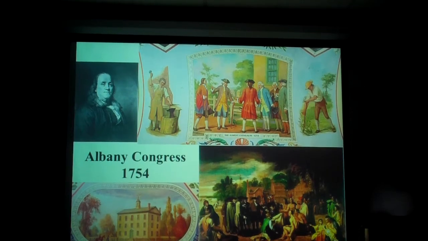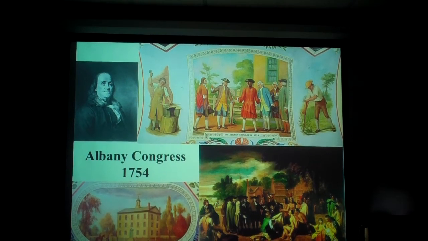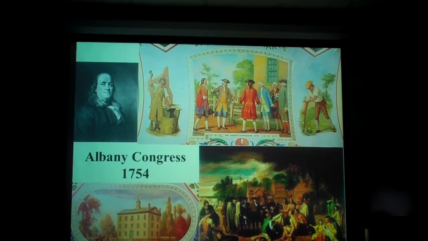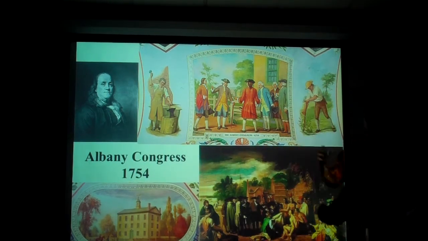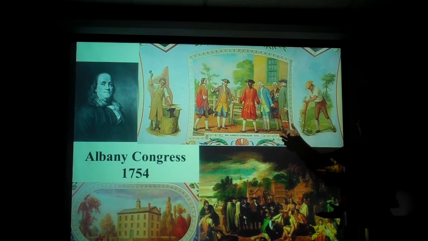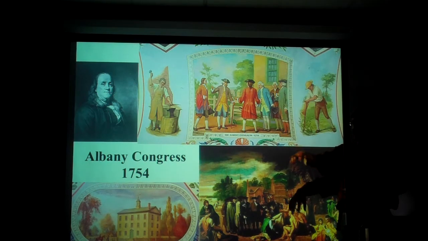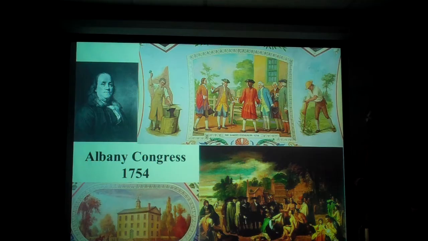He was, in many ways, a self-made man. He had retired in his early 40s and devoted himself to science and the Enlightenment. So Franklin was really like the first kind of celebrity made here in the colonies. Famous. Franklin saw that now an all-out war with France was on its way.